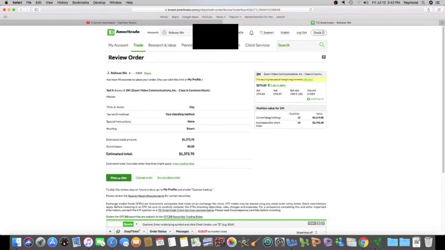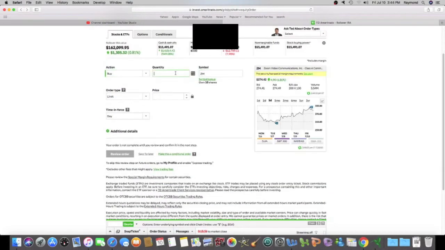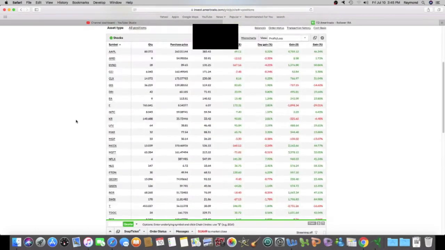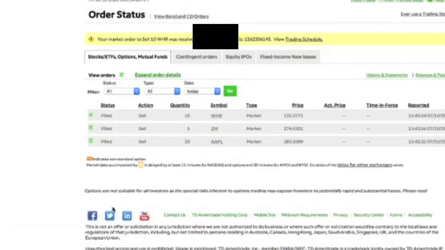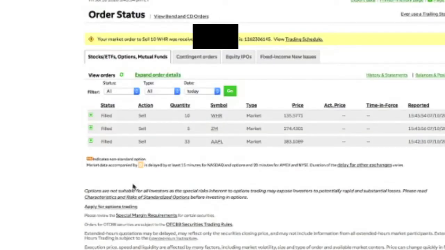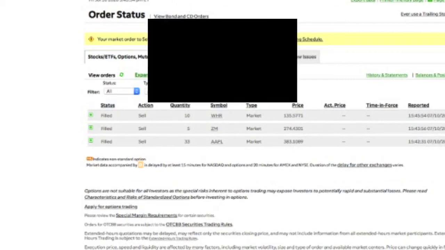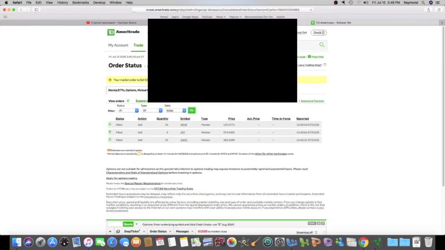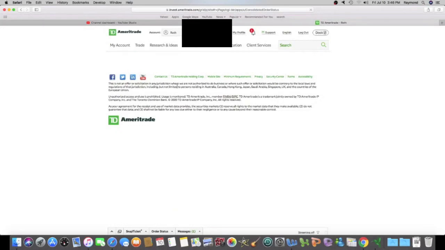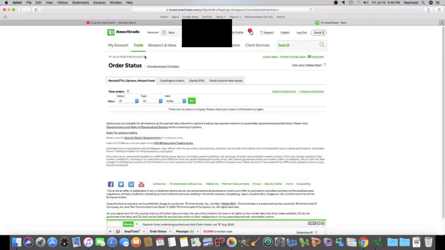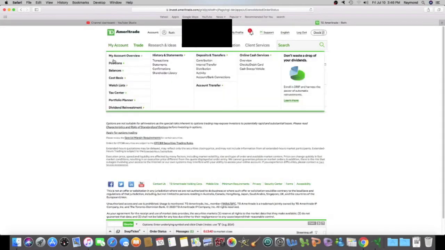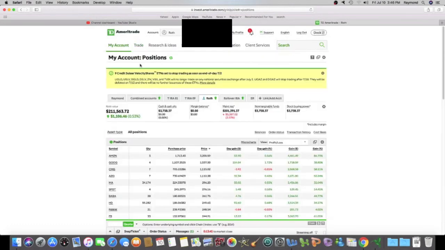Okay, here I am just speeding up the clip because it's just repetitive of me selling stock. Okay, this is just a summary of all the stocks that I sold in my rollover IRA. And then in the next portion will be my Roth IRA. My Roth account, let's go to positions just to look at what's in there.